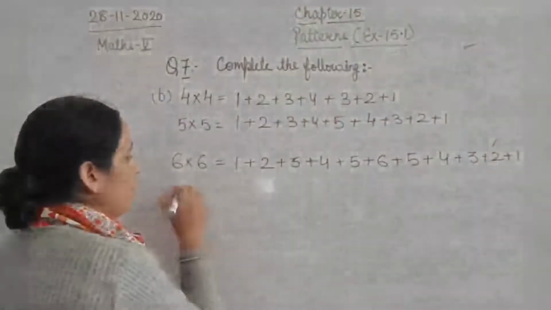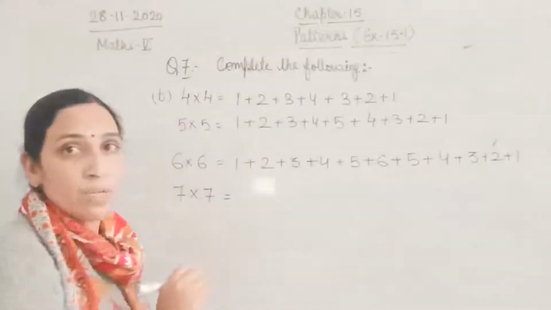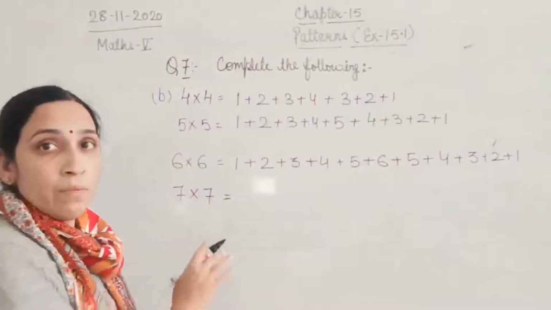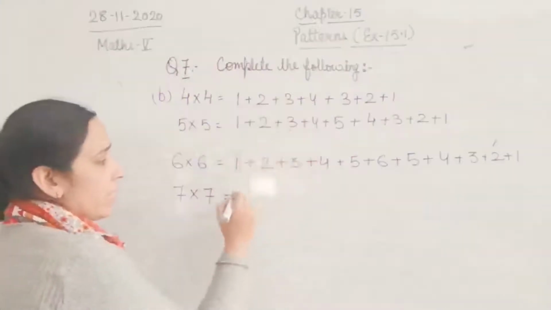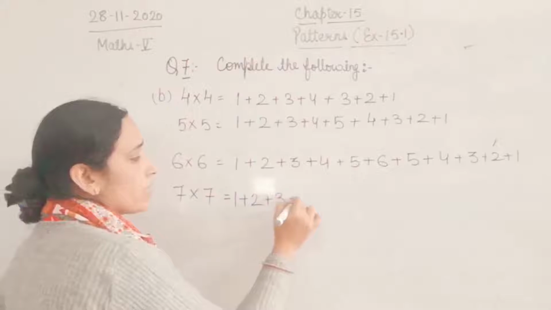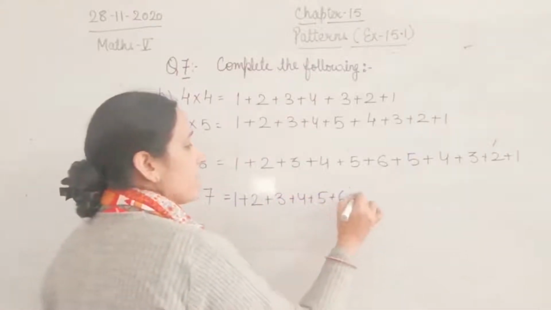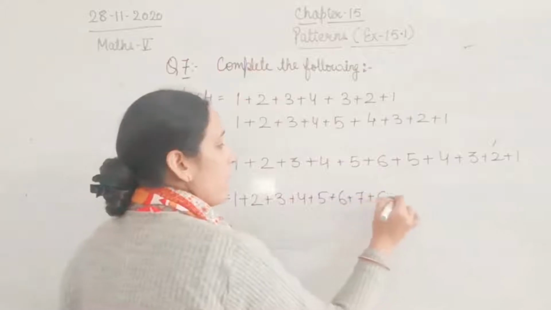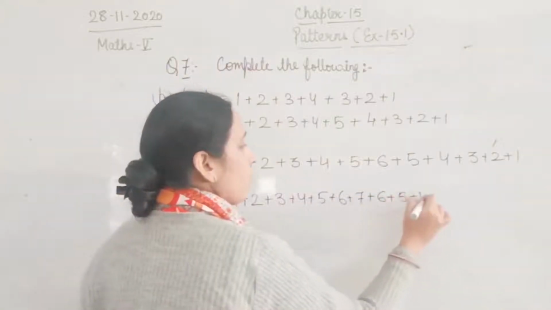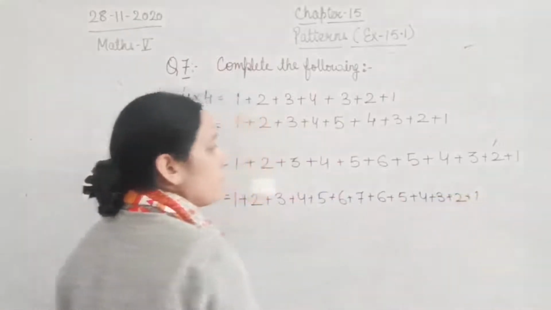So if here we have 6 into 6, then we are going to take the next, 7 into 7. Now here we have followed in this series that if 7 is there, I have to write 1 plus 2 plus 3 plus 4 plus 5 plus 6 plus 7 up to 7, and then back counting 6 plus 5 plus 4 plus 3 plus 2 plus 1.